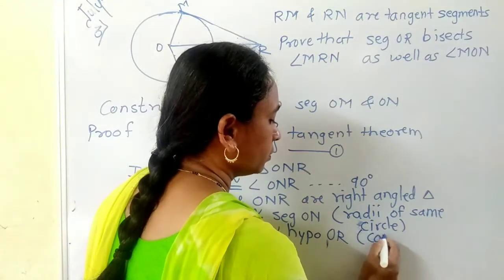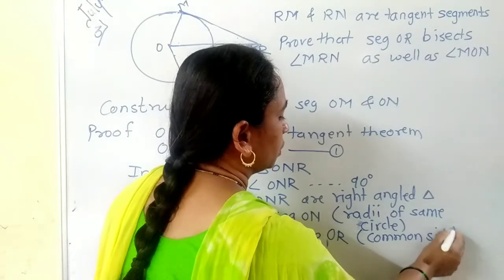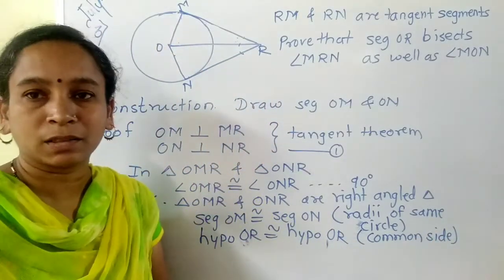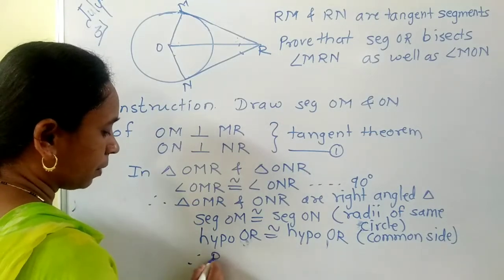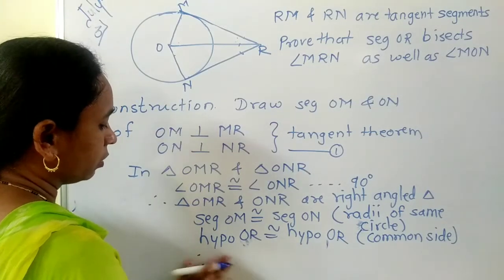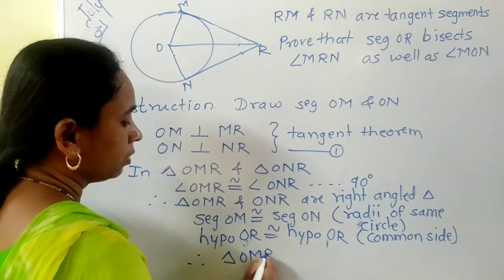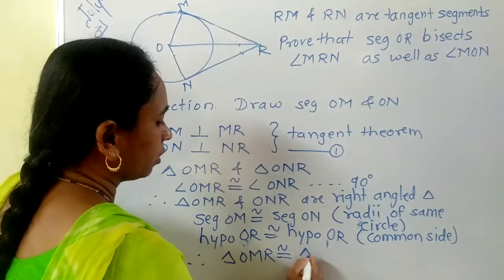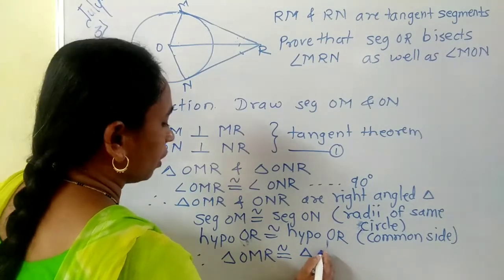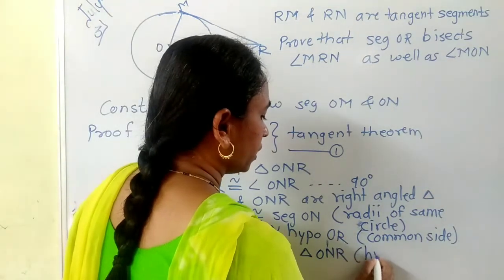So by the hypotenuse side test, these two triangles would be congruent with each other. Therefore, triangle OMR is congruent with triangle ONR by the hypotenuse side test.